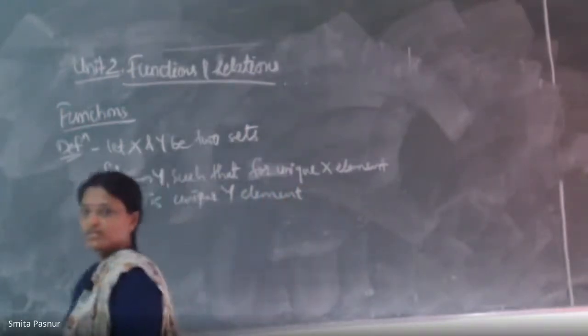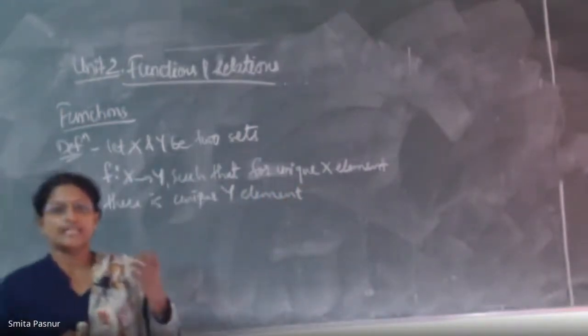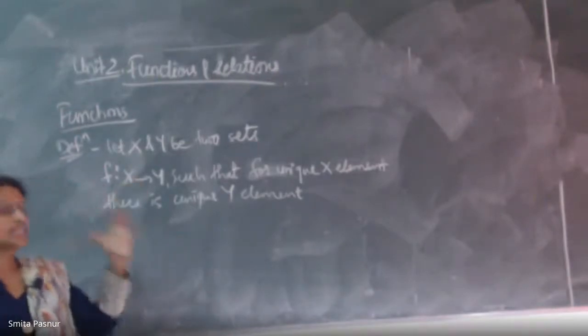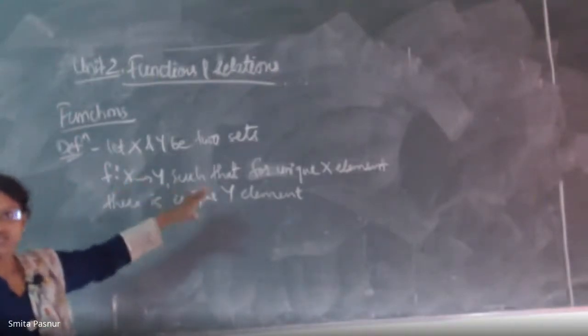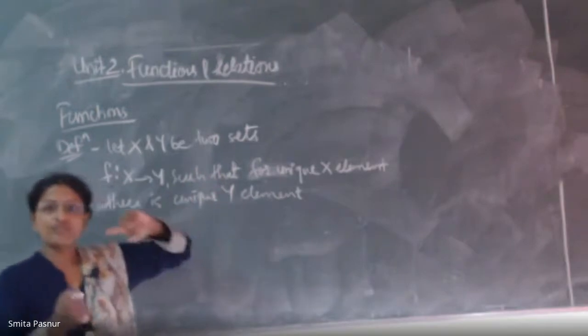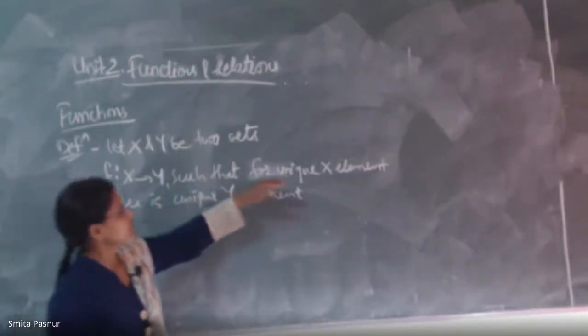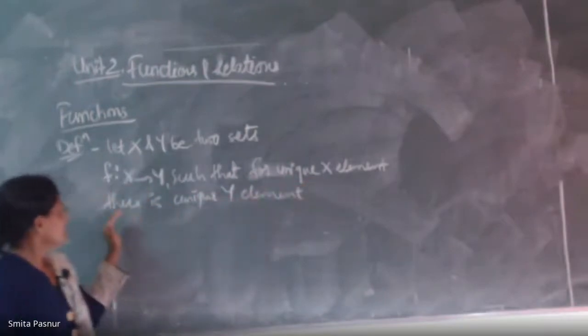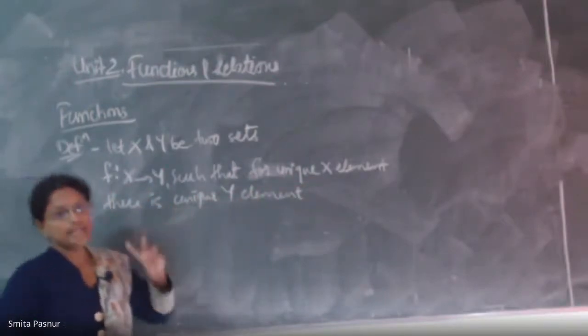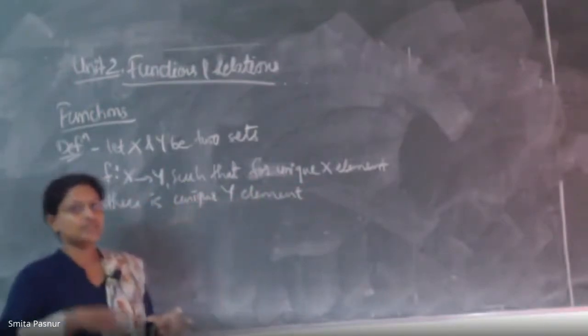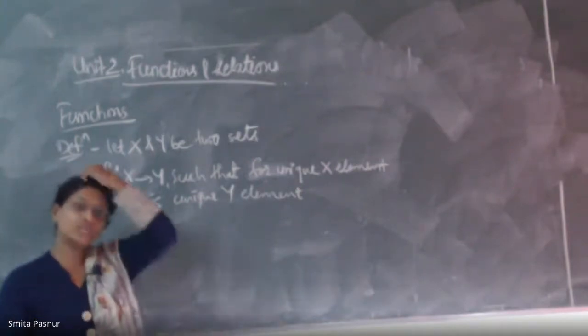Got it? So there is a function which exists as a relation from x to y, such that the elements of x and y are related in this way. There is a condition: for a unique x element, there should be a unique y element. Means for every x element there should be a unique y element.